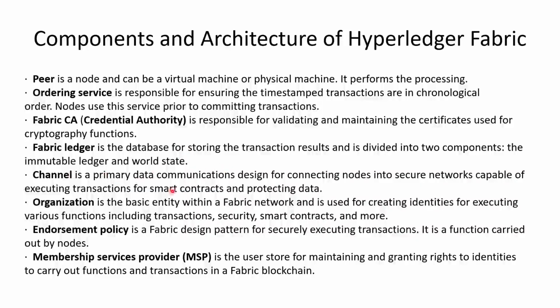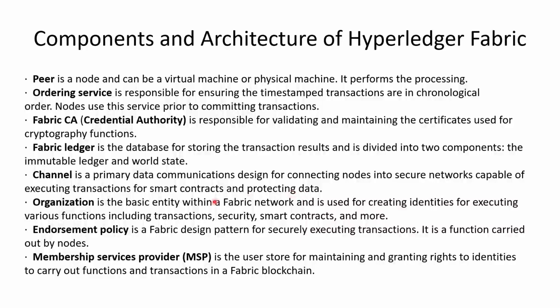The channels are the individual ledgers between the organizations, and the channels are secure networks capable of executing transactions for smart contracts and keeping data. If we think of channels, they could be individual organizations with their own ledgers.